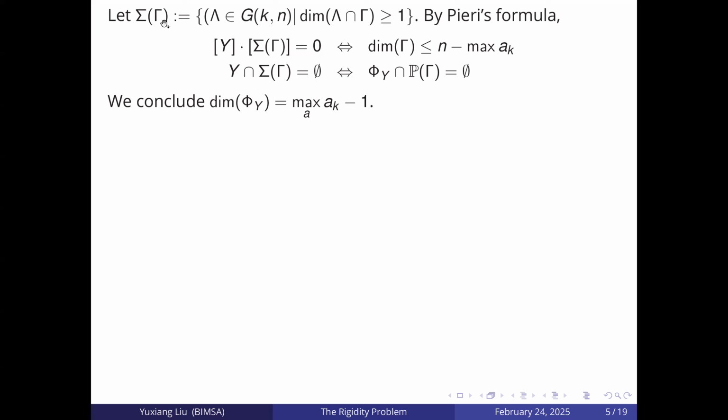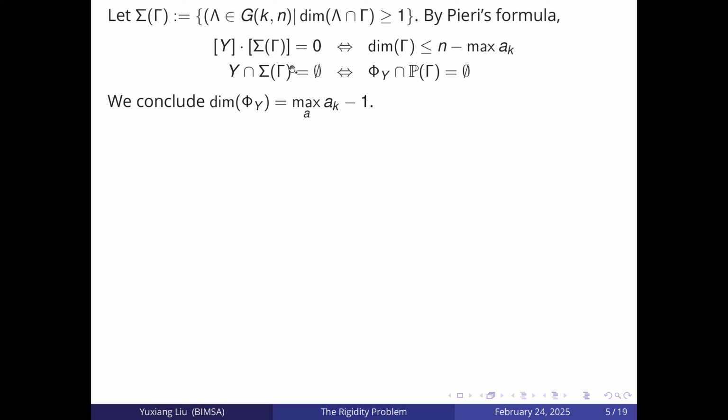This sigma is in fact a Schubert variety, and its class is the so-called special Schubert class, which means we can make use of Pieri's formula. By Pieri's formula, the intersection product of Y and sigma is 0 if and only if the dimension of gamma is less than or equal to n minus the maximum of a_k.